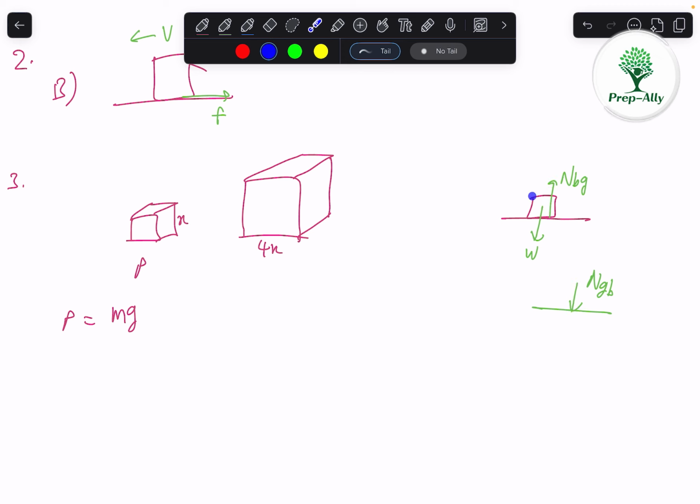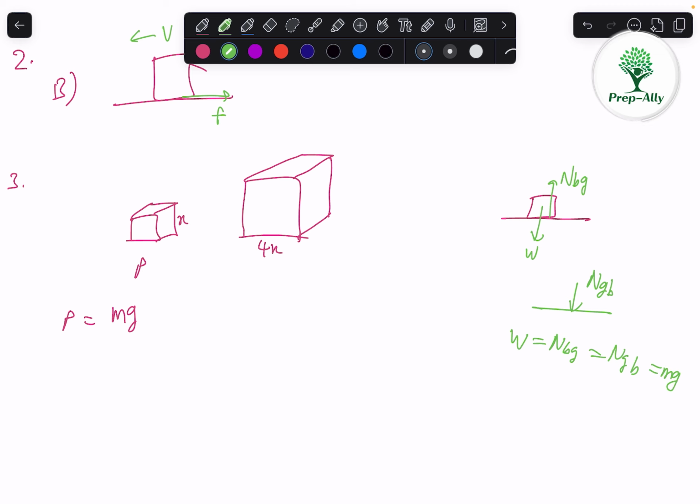The block is also experiencing a force due to this surface in the upward direction. So that's the normal reaction, and this weight is equal to this normal, and this normal is equal to this normal. So weight is just mg, all three are the same, and we are interested in this force, and it's equal to mg, because I can just write W is equal to N_BG is equal to N_GB, and you know weight is mg.